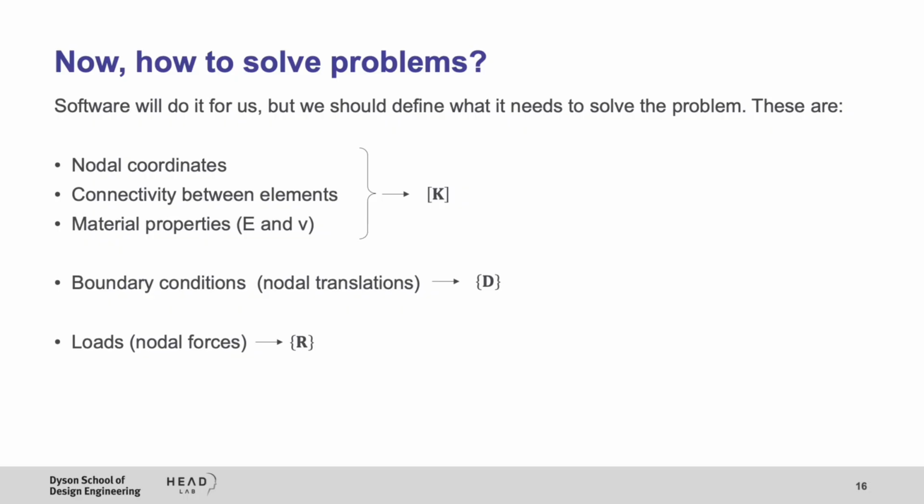For instance, if you use a linear elastic material, these are elastic modulus and Poisson's ratio. All together, these will define the structure stiffness matrix. Then we need to define boundary conditions, so these are known degrees of freedom. And finally, we need to define the known external forces, which will go to the vector of nodal forces.